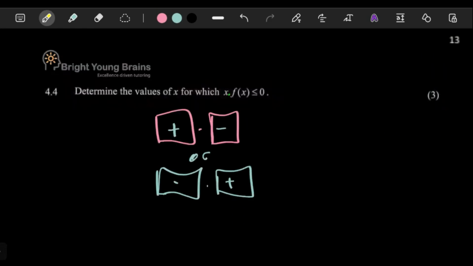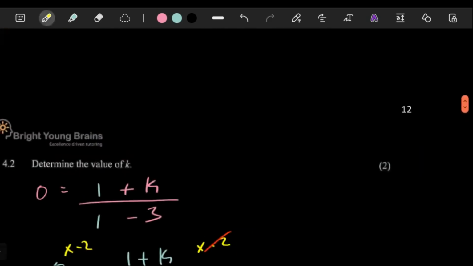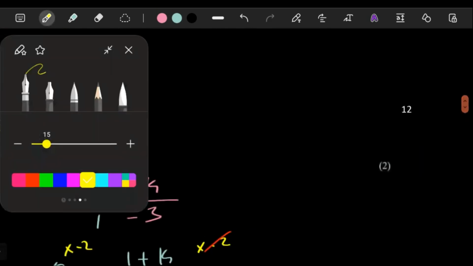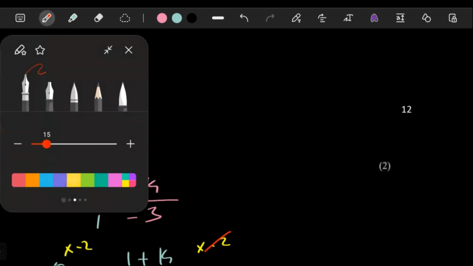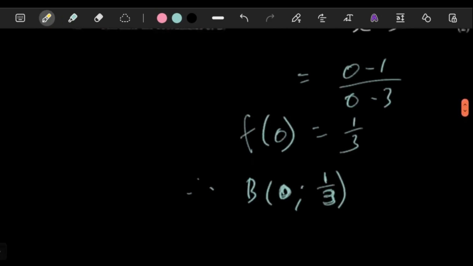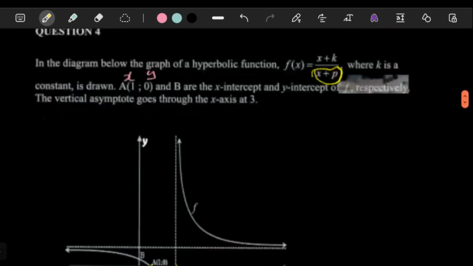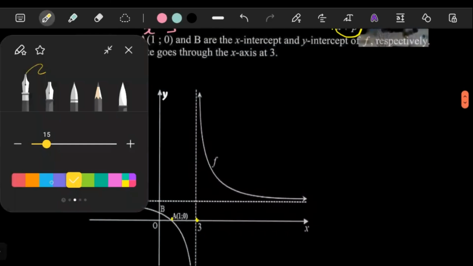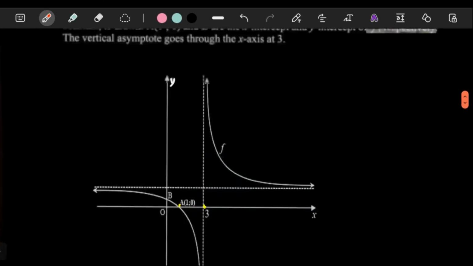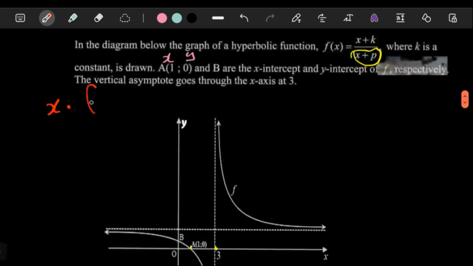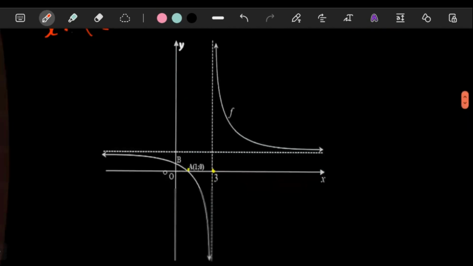So with that being said, let's color code our sketch, and we have to be careful. Let me use blue and red because it's classic. Red, we're going to put negative. Remember, we're dealing with x values and y values. So let's color code where we have negative x values.